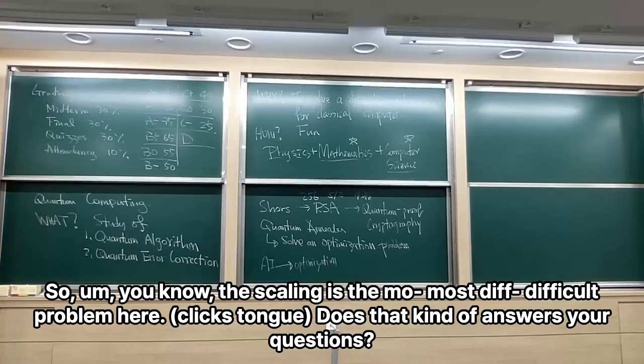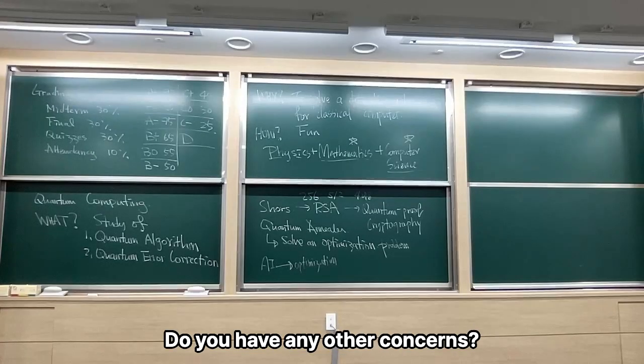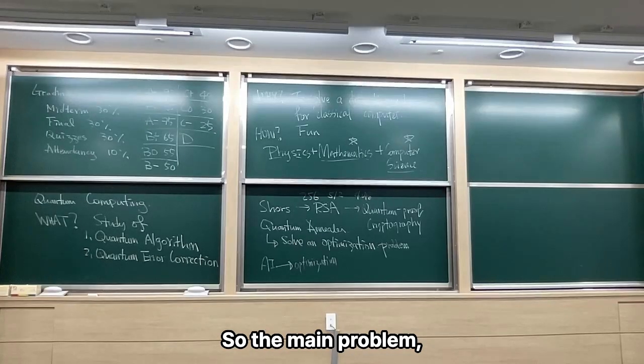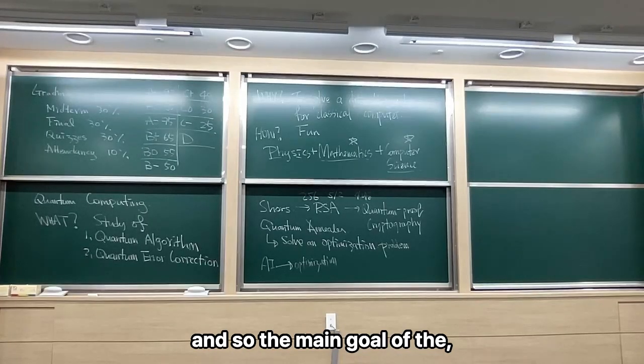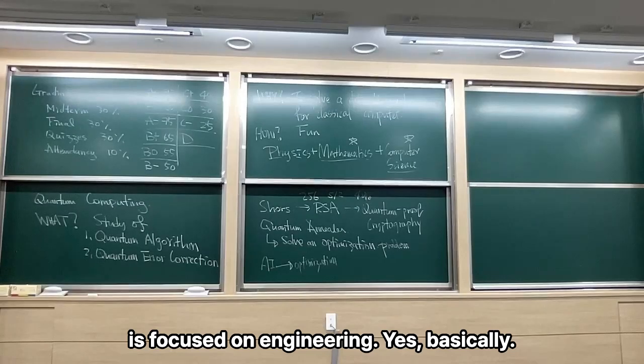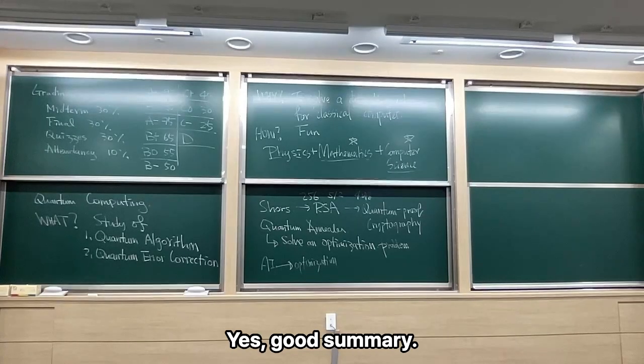Does that kind of answer your questions? Do you have any other concerns? So the main goal of universal quantum computing is focused on engineering. Yes, basically, yes. Good summary.